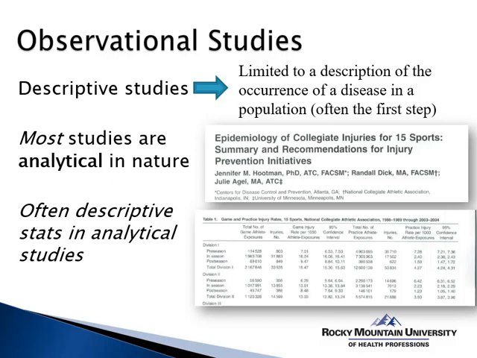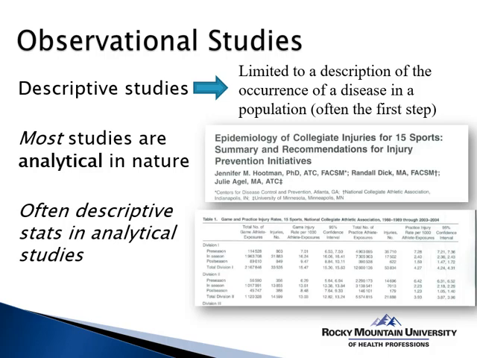So what's being described here? They're describing the exposures. That means the number of times an individual was involved in practice, or the number of times an individual was involved in games. And then they were counting injuries that occurred based upon whatever that operational definition of an injury was.